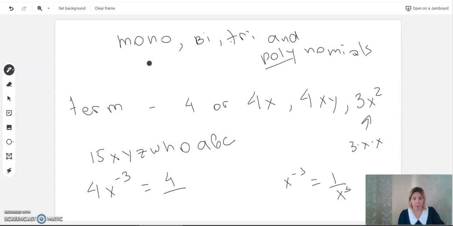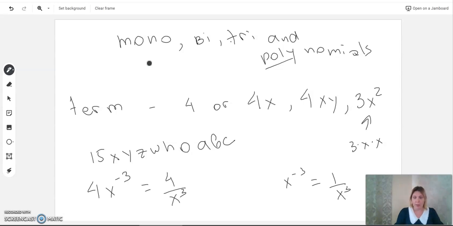So this would be 4 divided by x to the 3. So watch out for negative exponents. Positive exponents, good. Negative exponents, not a term. Fractional exponents, probably not. Okay? So, those are the terms of our polynomials.